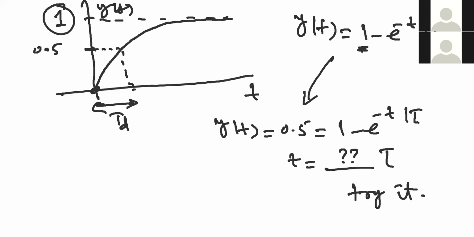So this means that the delay time is equal to this much of the time constant. So this was all about the time response specification of the first order system, and we can use this for all other signals as well, not only for the unit step function but for the ramp function as well as for the impulse function also.